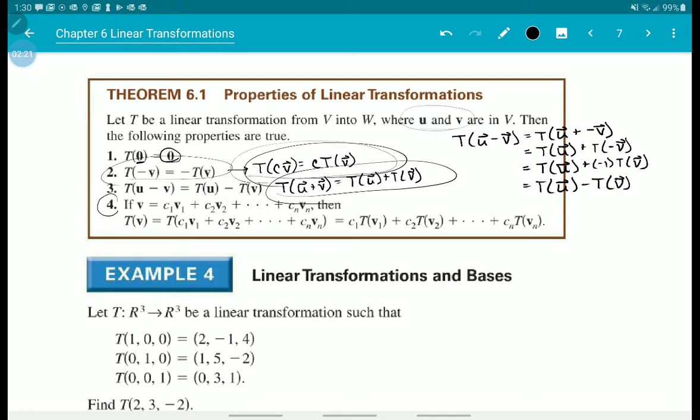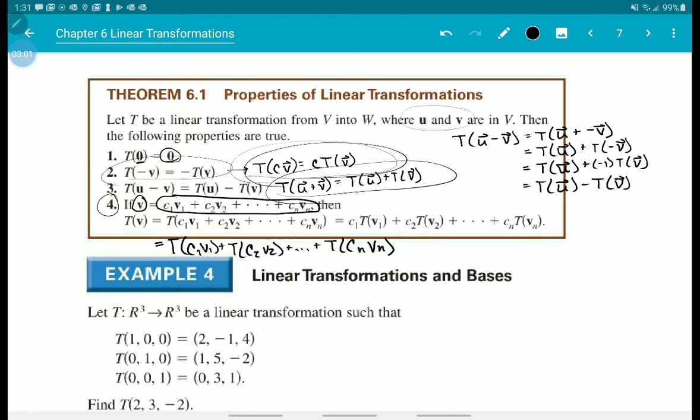And then the fourth one is looking at a linear combination. What if we were to take this vector V and write it as a linear combination of other vectors, V1, V2, V3, and so on? Then if we were to apply the transformation to V, we would have to take the transformation of this side, and that's equivalent to T of C1 V1 plus T of C2 V2 and so on, plus T of Cn Vn.